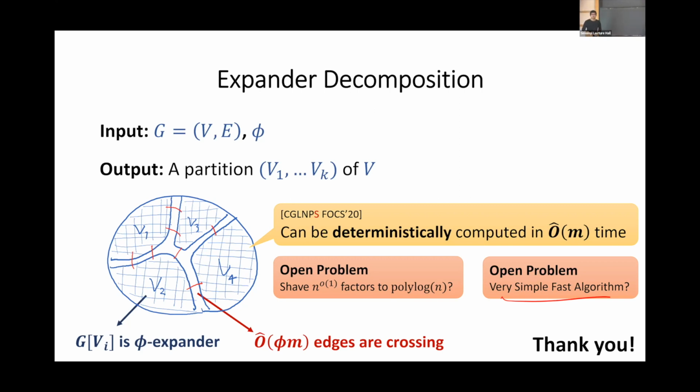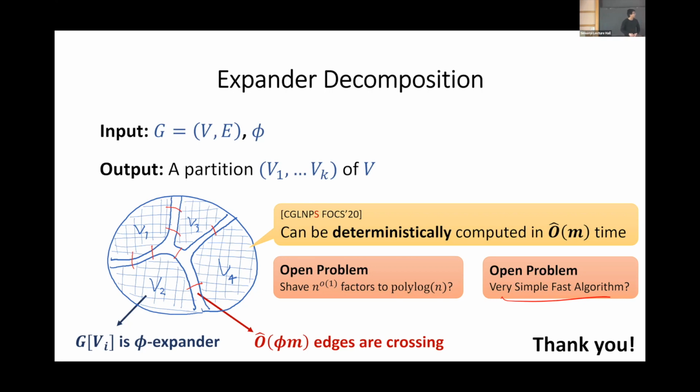More questions? Where do you lose the polylog in the expander decomposition? So you mean what the bottlenecks are to getting polylog?